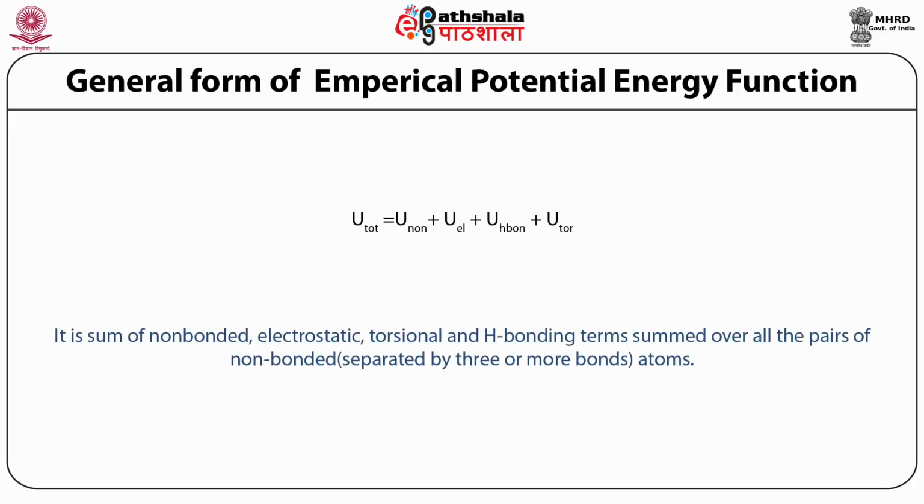It is the sum of all these four terms taken over all the pairs of non-bonded atoms, which means these are not connected by bond, so they cannot be first neighbor. These are not connected by angles, so they cannot be second neighbor. So they have to be separated by more than 3 bonds.